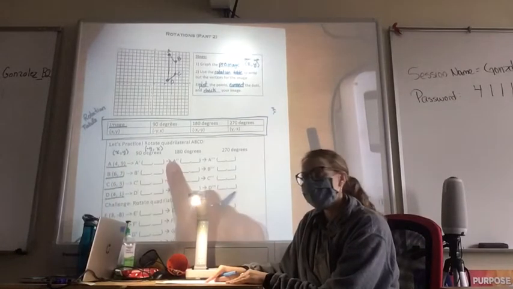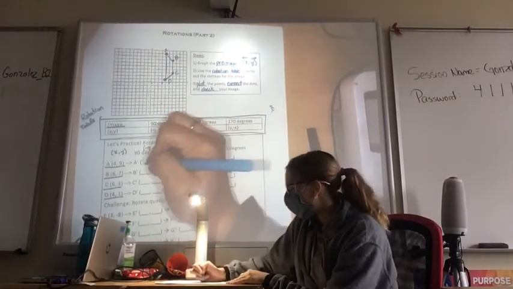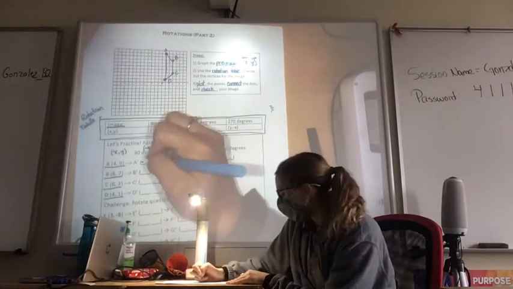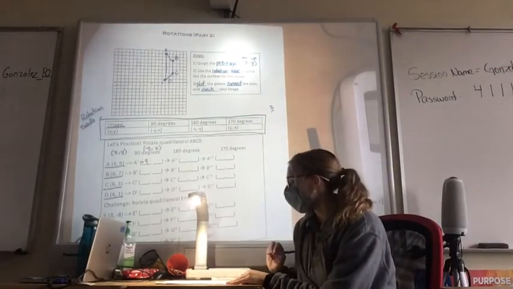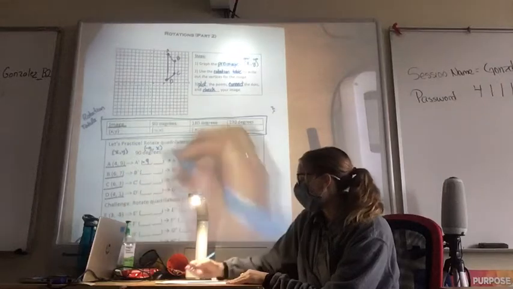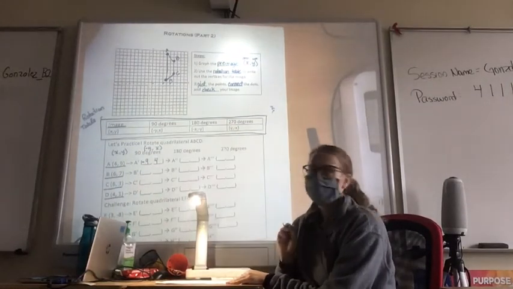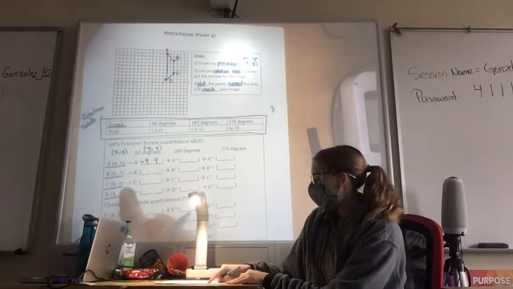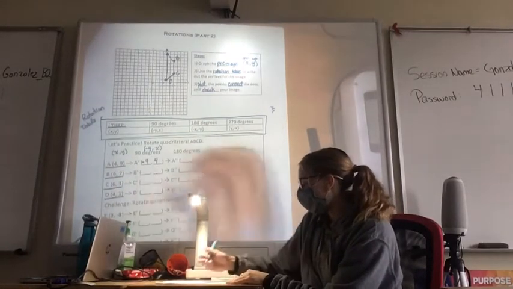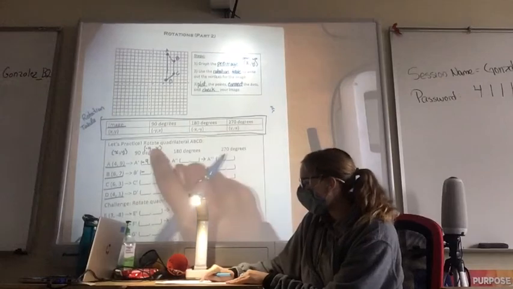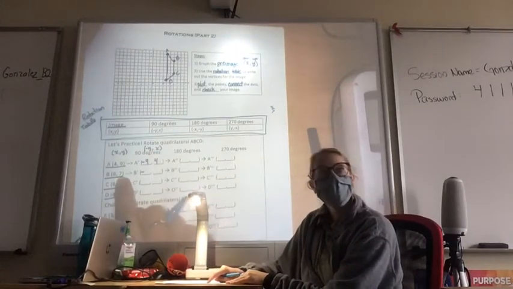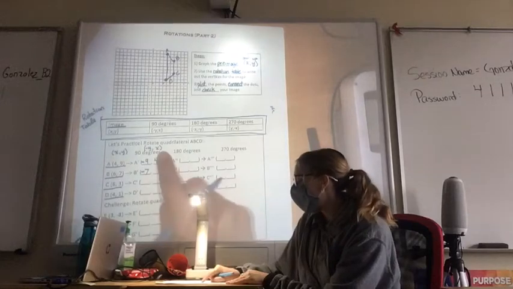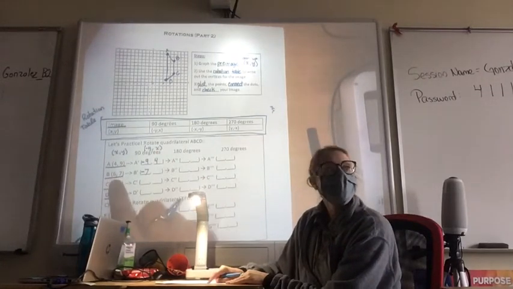So to rotate it 90 degrees, I'm going to do the negative of the y value, which is negative 9, comma, my x value, which is 4. How about for B? I'm going to take the negative of my y value, which is negative 7, comma, my x value, which is 6.